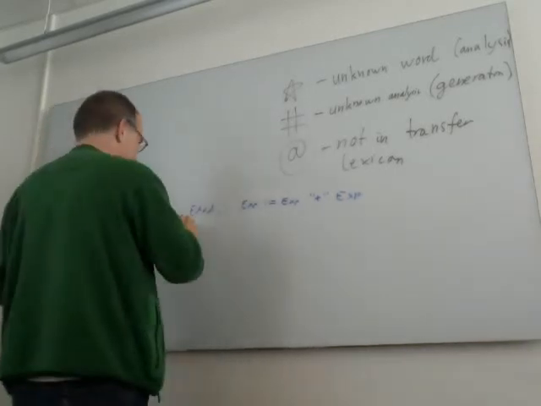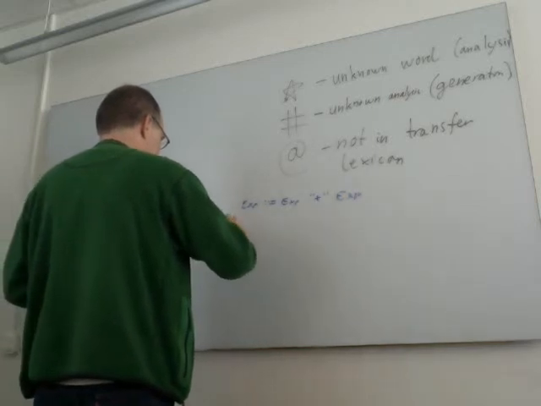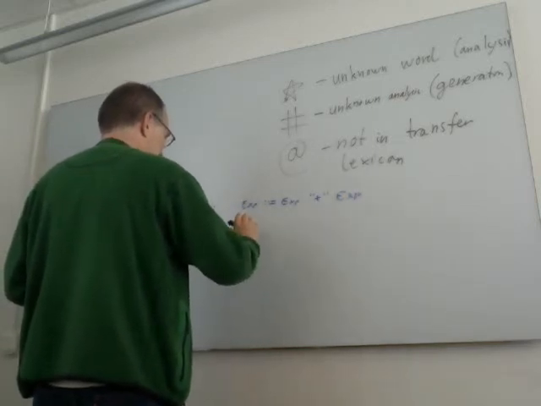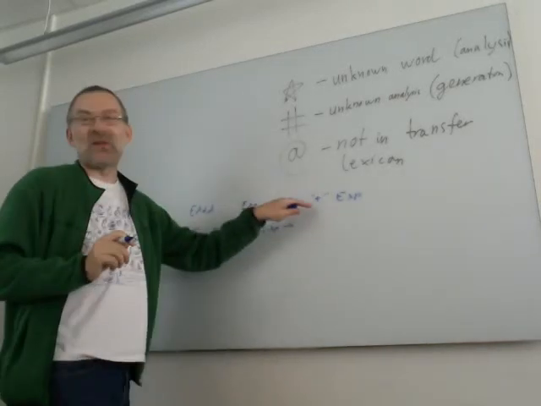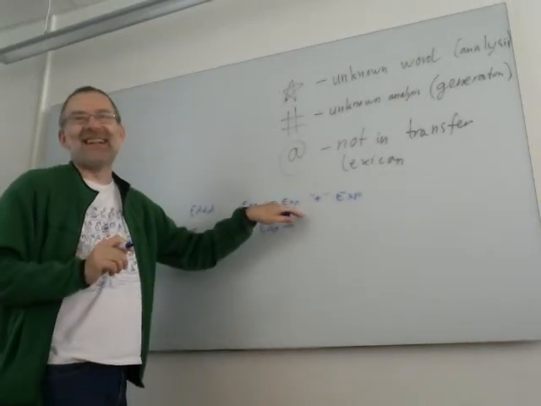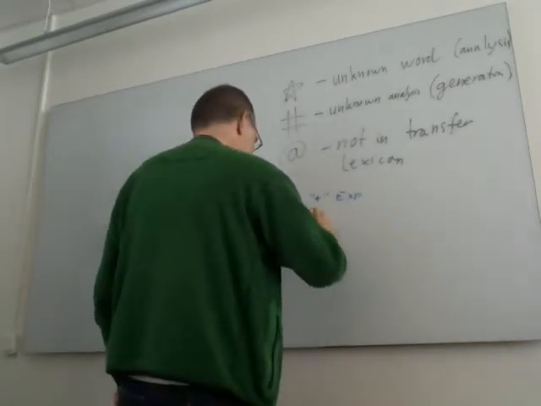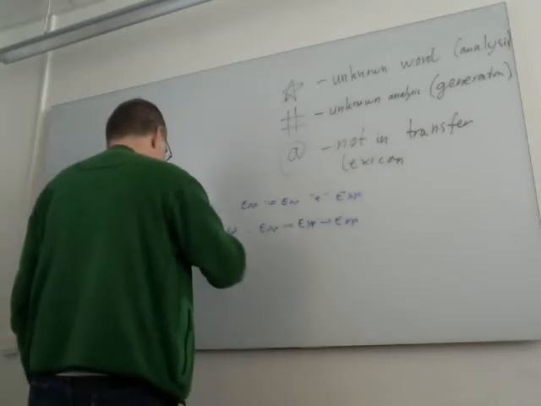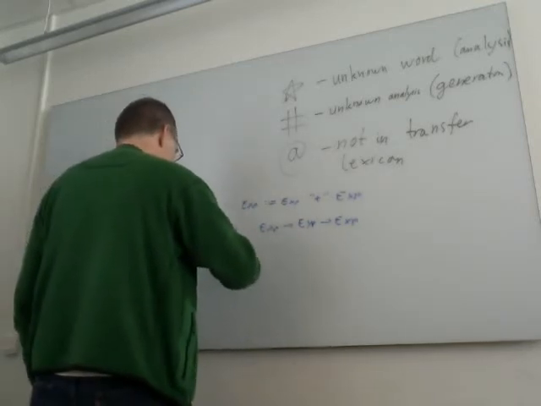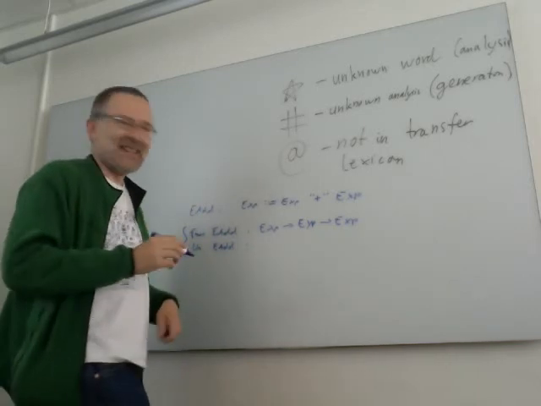One is the fun rule for the abstract syntax, which you get by forgetting all of the terminals here. And then the lin rule, the linearization rule, which you get by, well, putting the terminals back.